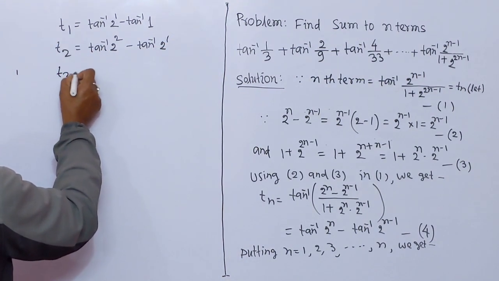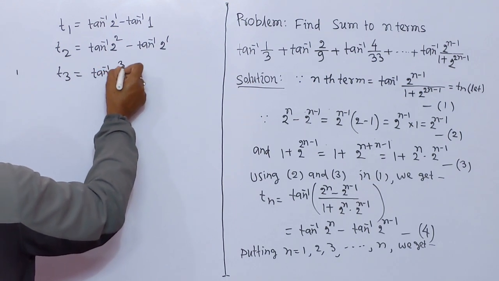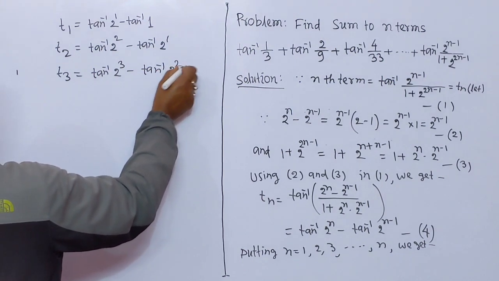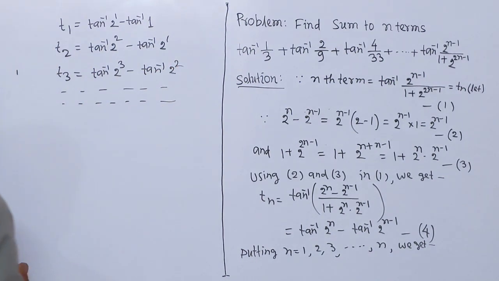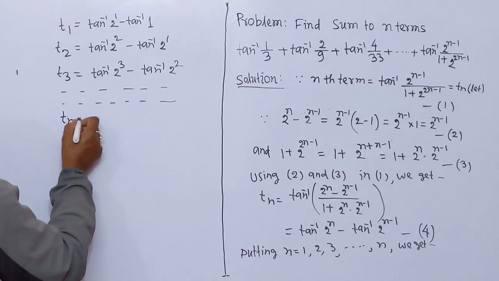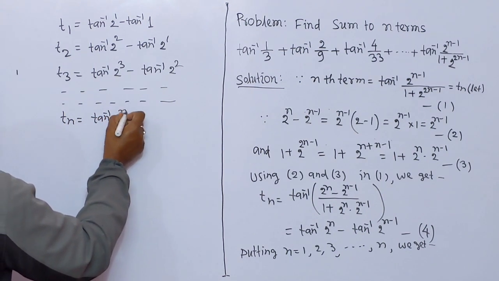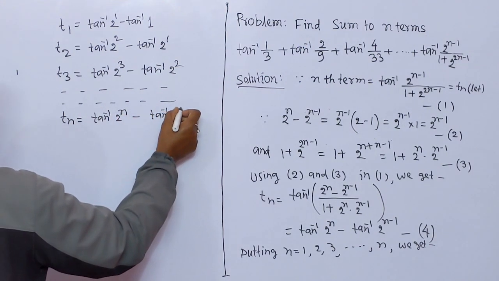T3 equal to tan inverse 2 cube minus tan inverse 2 square, and Tn equal to tan inverse 2 to the power n minus tan inverse 2 to the power n minus 1.